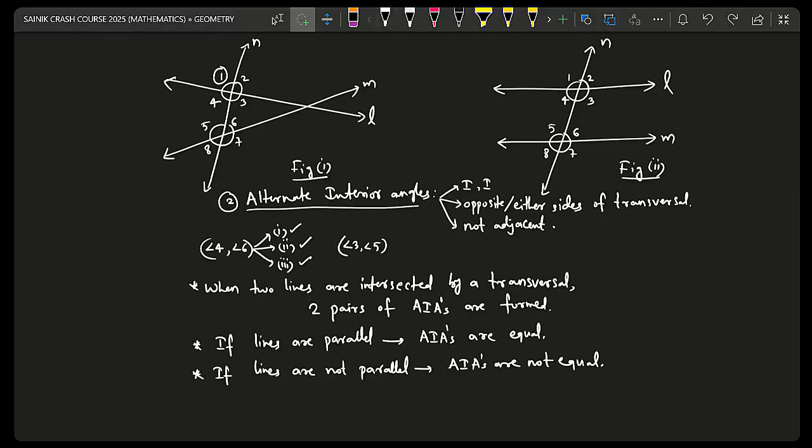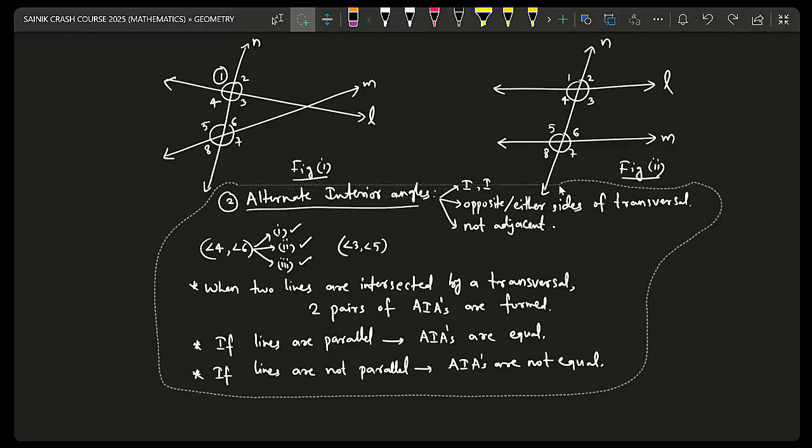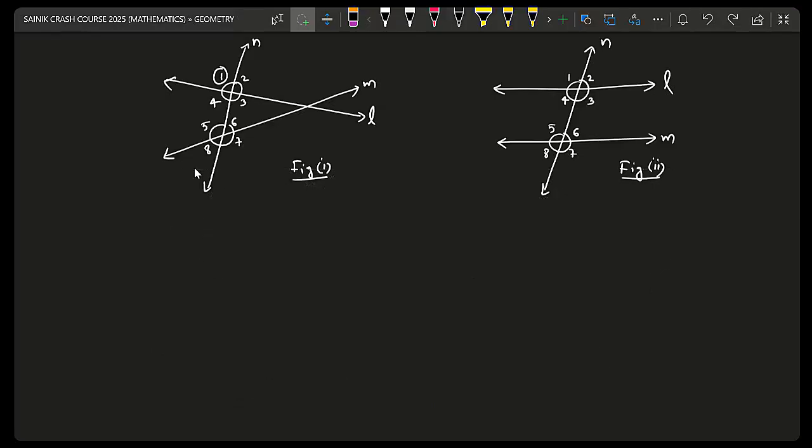And the next pair, alternate exterior angles. Let's use the same figures to write their definition and properties. So when can you say two angles are alternate exterior angles?